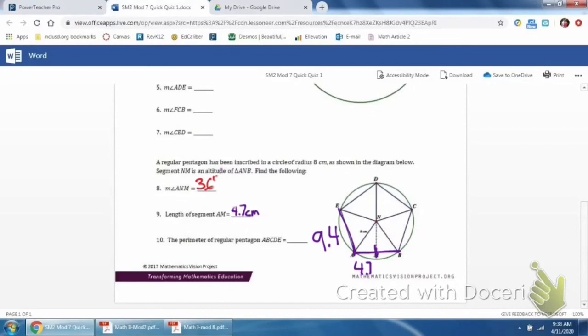Then again we have 5 sides, so we do 9.4 times 5, and it should come out to 47 centimeters. And that should be 10.